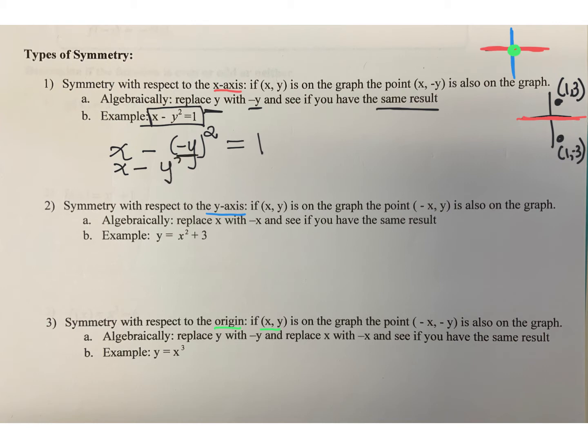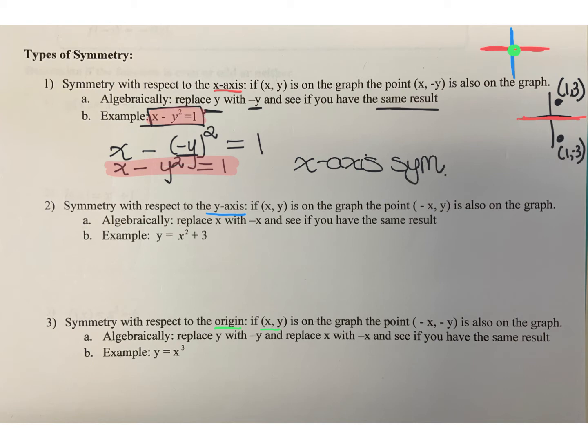The minus is still there from the equation, equals 1. And if you look, this right here is the exact same thing as what I started with. So this thing has x-axis symmetry. So let's try the next one.